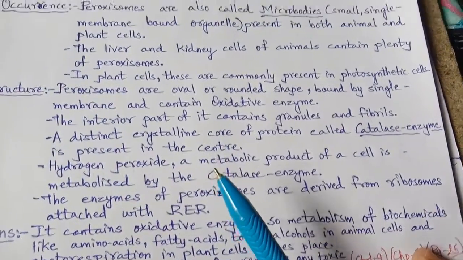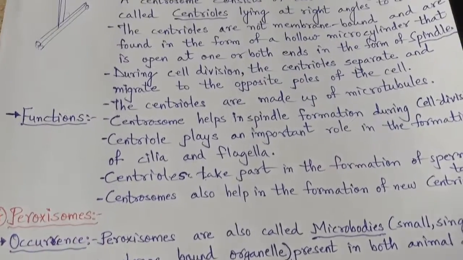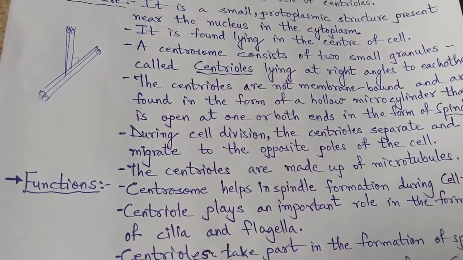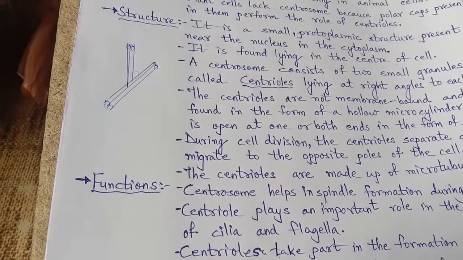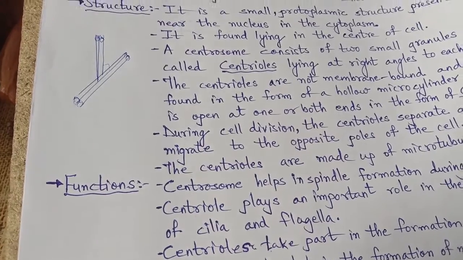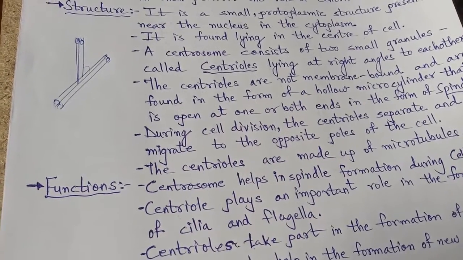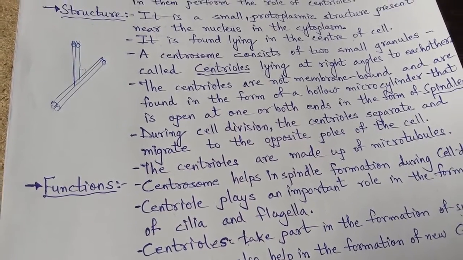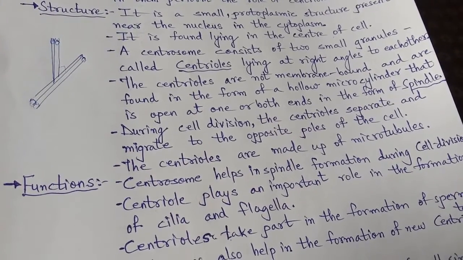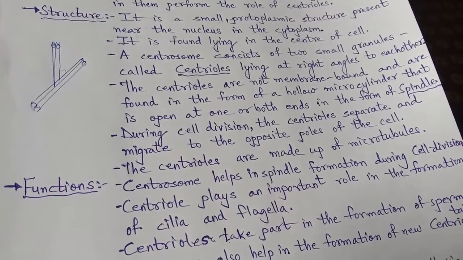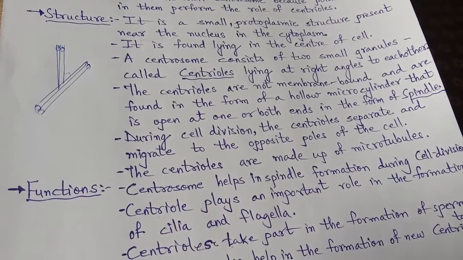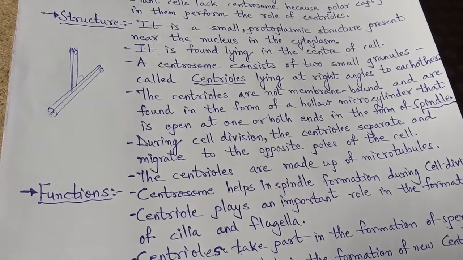So these are the different organelles of the cells which we have discussed, that is endoplasmic reticulum, rough endoplasmic reticulum, smooth endoplasmic reticulum, ribosomes, Golgi apparatus, lysosomes, mitochondria, plastids, types of plastids, chloroplast, vacuoles, peroxisomes, and centrosomes.